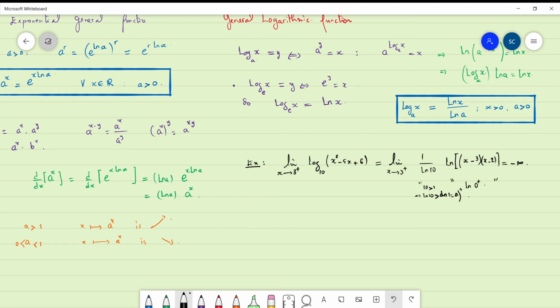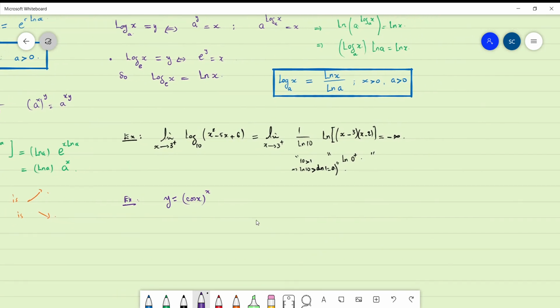Let's change color and use another color here for each question. So what if my function is y equals cosine x power x? Say it as a power function. Again here I don't have to memorize anything. Come back to something I know. I know by definition it will be x ln of cosine x.